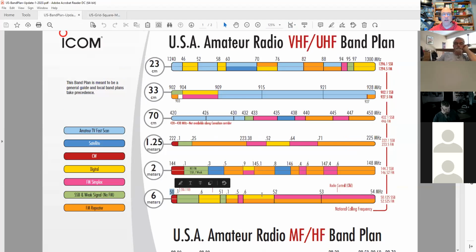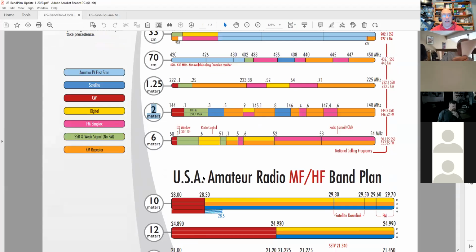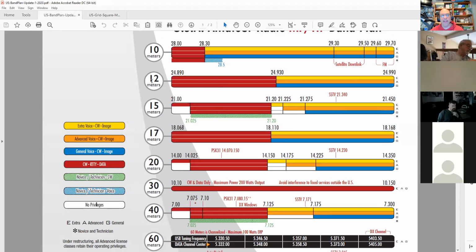So 6 meters is 50 to 54 megahertz. 2 meters is 144 to 148. If you were to look at this thing that says 2 meters, this is the approximate wavelength of that band. It's not exact. In some cases, it is exact. In a lot of cases, it's not, especially down here on HF.